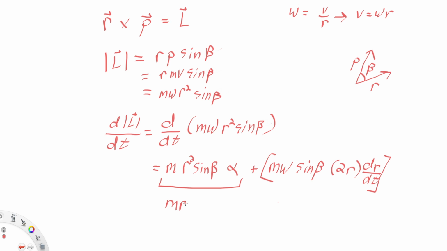This is m r squared, and this thing right here, well, that's just I alpha.